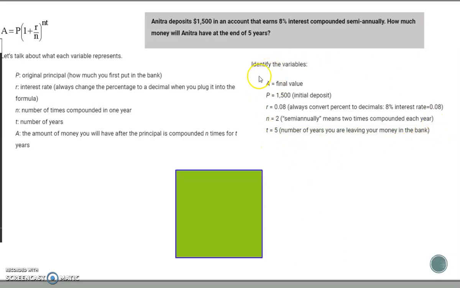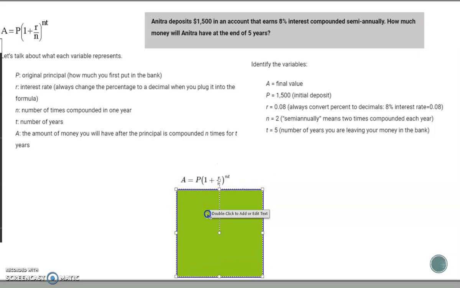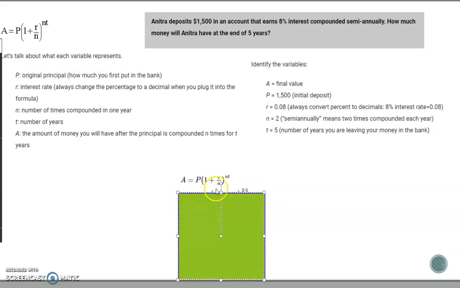Once you make this chart here, it's very easy to plug into my formula. So here's my formula that I'm starting with, and I just want you to see if I take all the values we just talked about, and we're going to plug it into the formula. P is 1,500, R is 0.08, N is 2, and then here our exponent is N times T. So N is 2, T is 5.